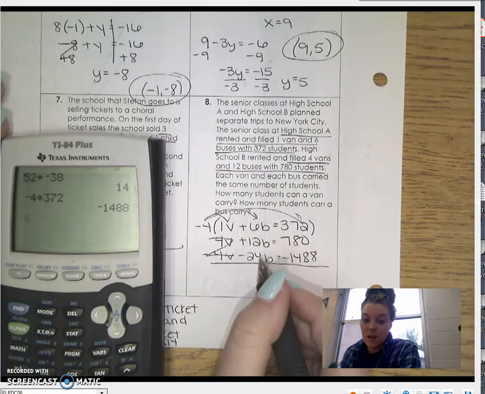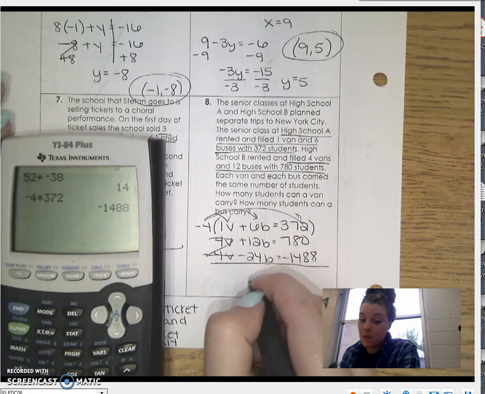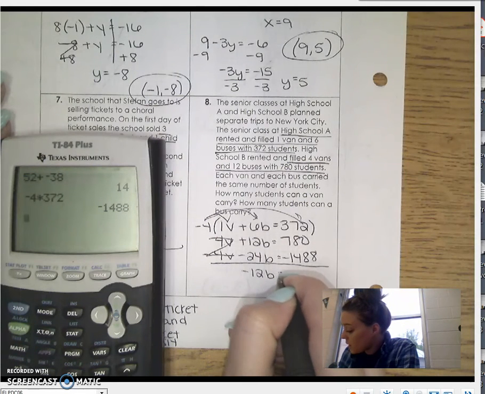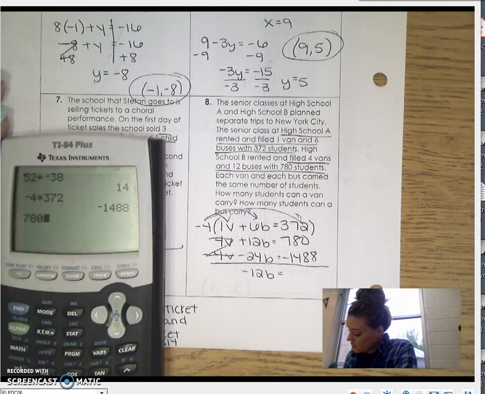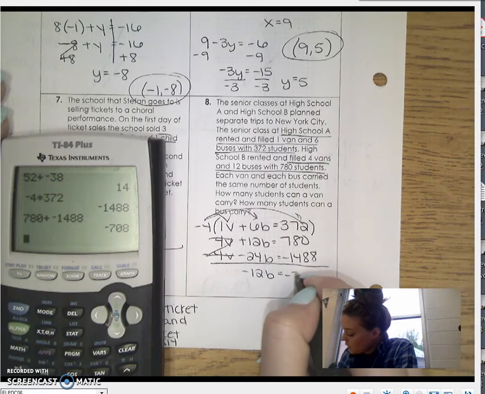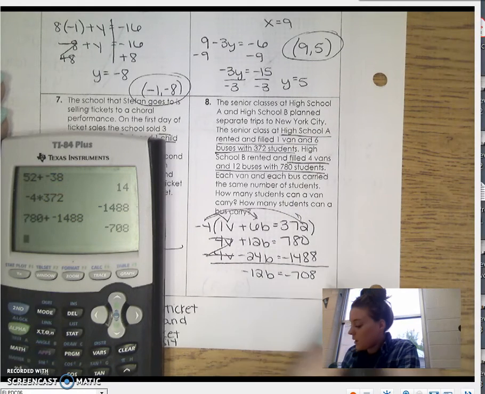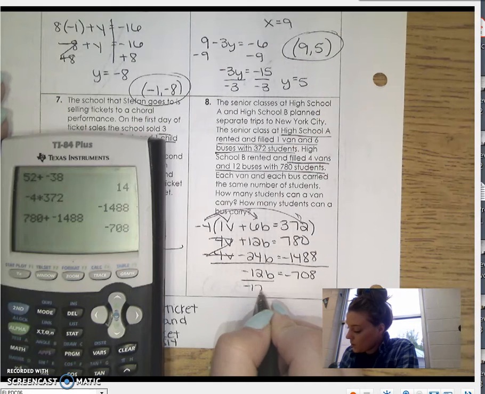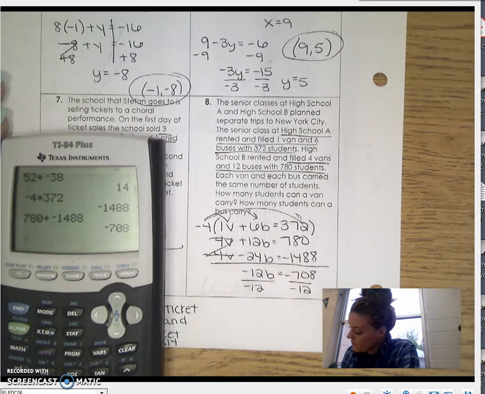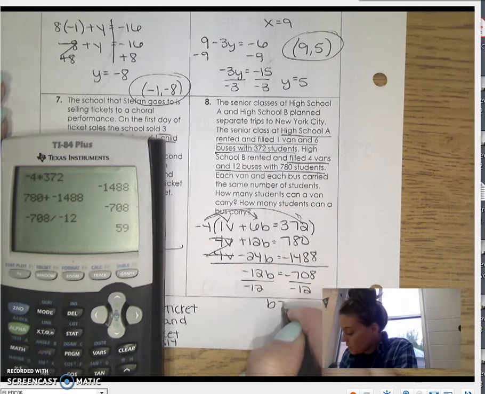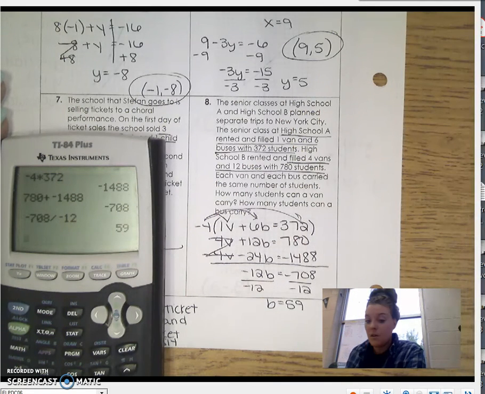My v's cancel out. 12b plus -24b is -12b equals 780 plus -1488, negative 708. Divide both sides by negative 12. So negative 708 divided by negative 12, 59. So the buses carry 59 students.